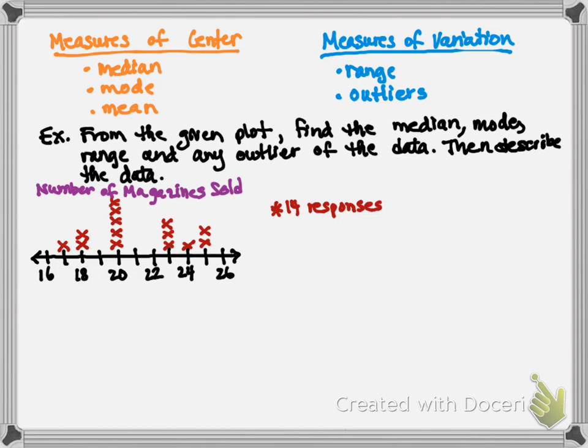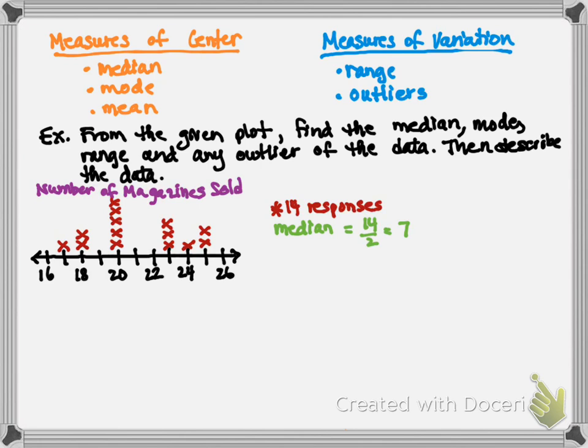Now, when I have 14 responses, if I'm looking for median, I'm going to be looking for the number that's in the middle. So for median, I'm going to take the 14 and divide it by 2, which gives me 7. Now, because I have an even set of data, my median is going to fall between two numbers.